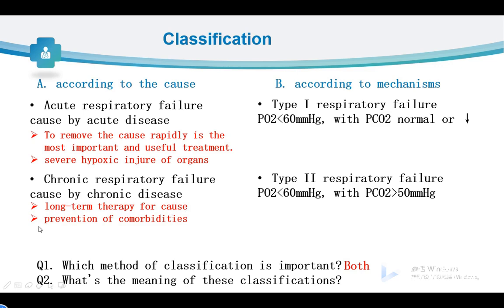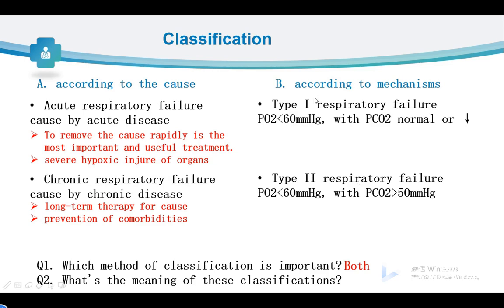And we know that chronic respiratory failure exists for a long time. So we need to do some prevention of the comorbidities caused by this chronic respiratory failure. And the principle of the treatment for this patient is long-term therapy and prevention. So the principles for these two groups of patients are different, right?